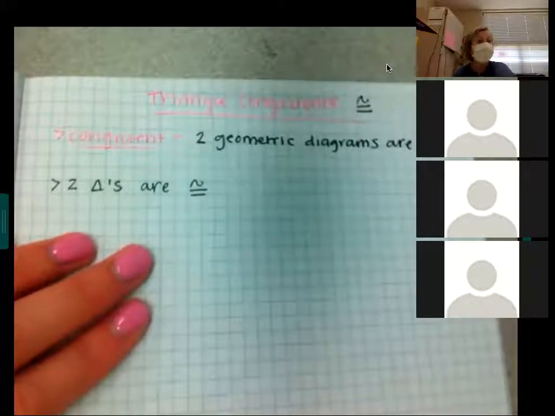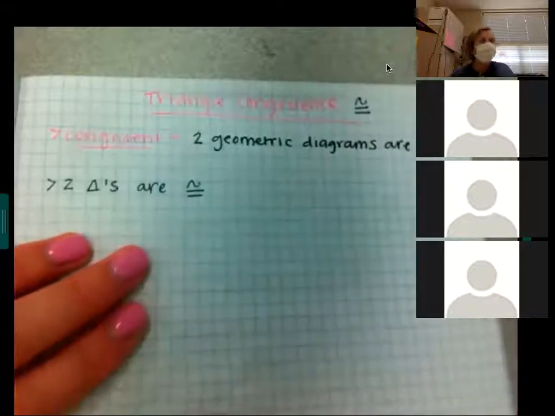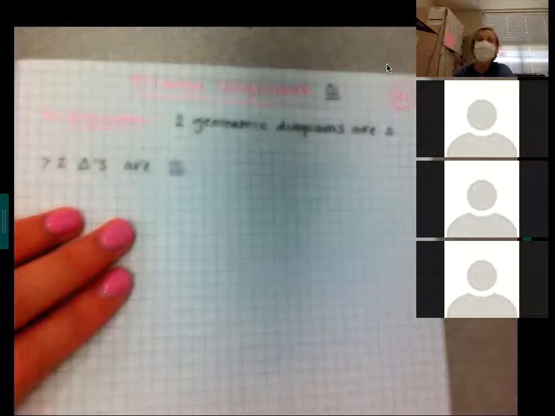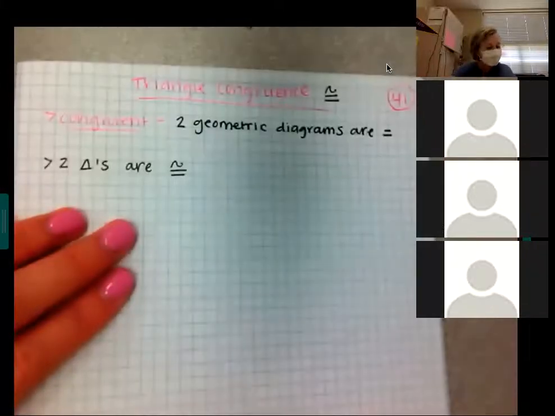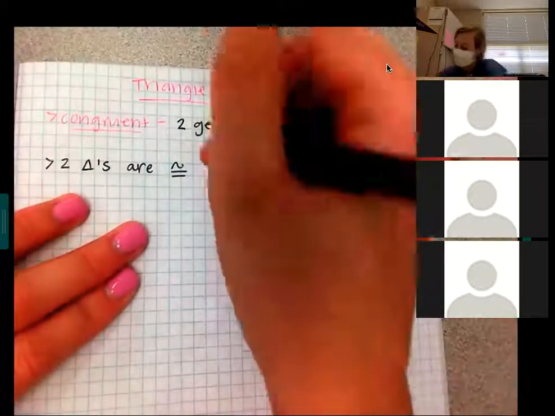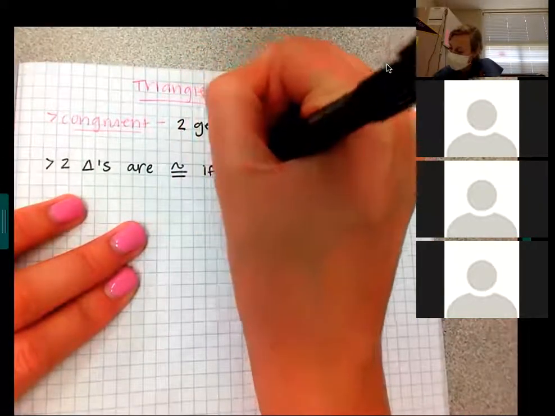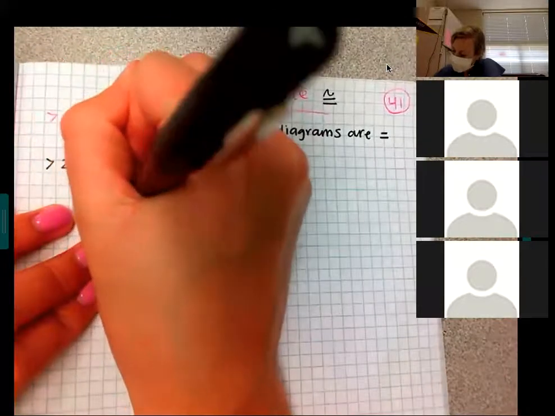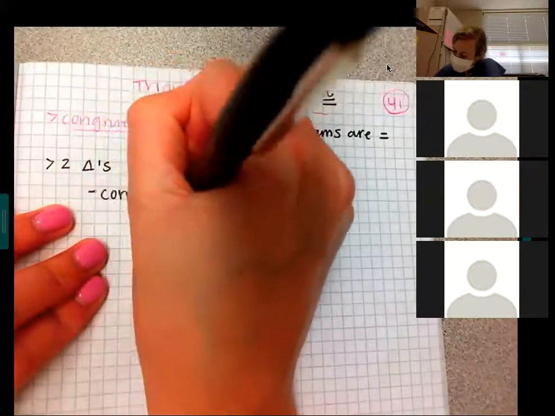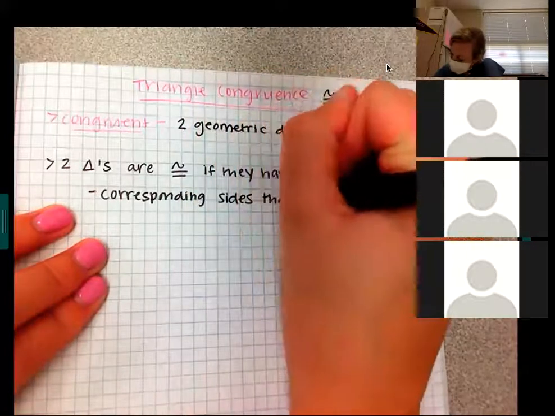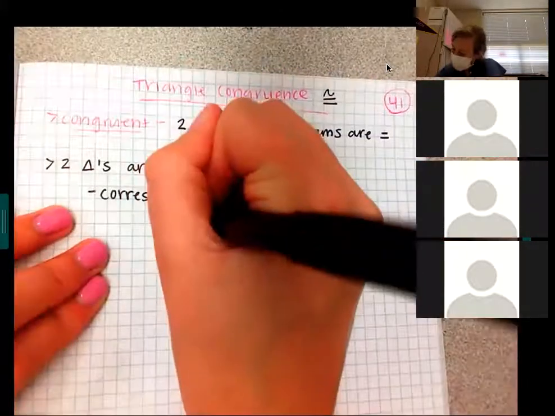Two triangles are congruent. I literally just said that. Oh, are equal. Dang, you just now caught that. Oh no. Okay, two triangles are congruent if they have corresponding sides that are equal, or corresponding what?